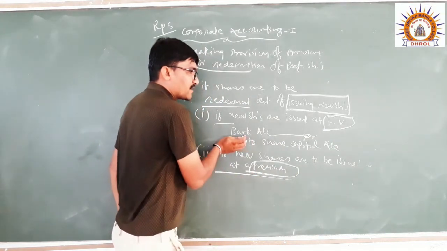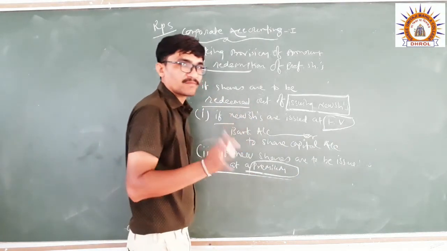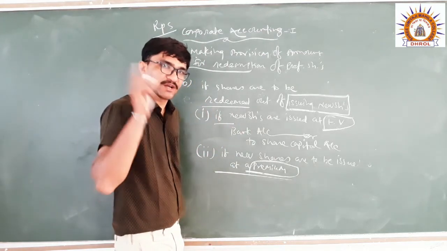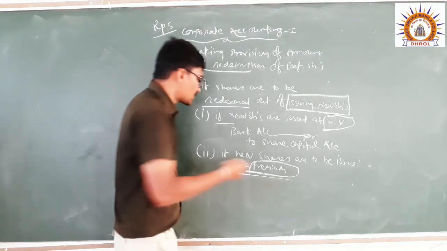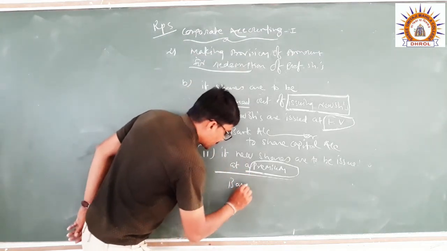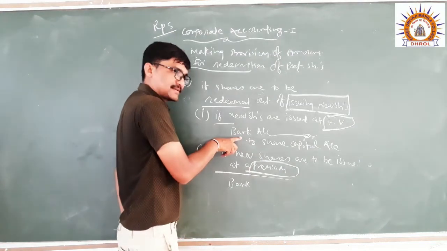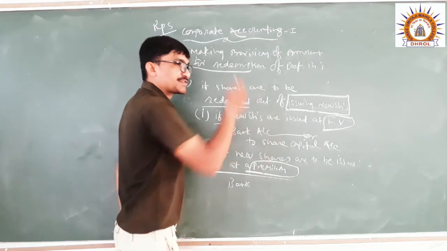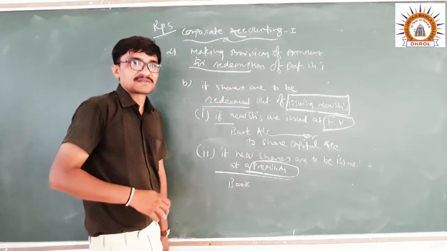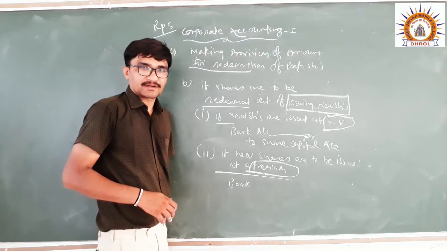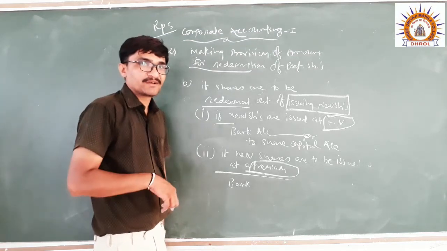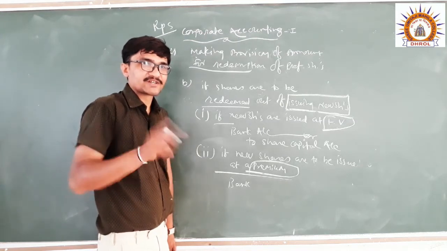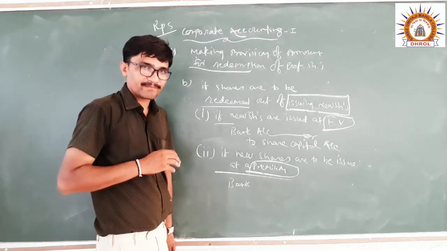If it is at face value, then premium is excluded. In that case there will be no premium. If the company issues at a premium, or redeems at a premium, then there will be premium in it. So again the bank account is debited, and the same entry will be passed. Simple, you just add the premium. You studied this in 12th standard in the share chapter, right? Bank account debit, to equity share capital and so on.